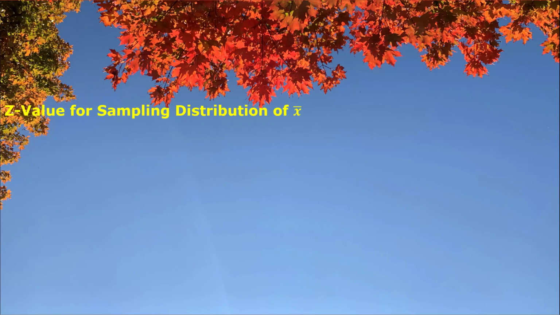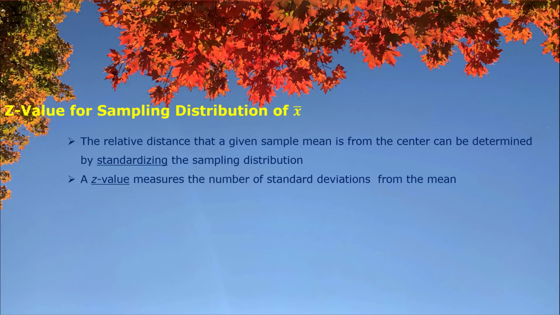The z-value for the sampling distribution of the sample mean is usually used to describe an event related to the sample mean, to find the corresponding probabilities. The relative distance that a given sample mean is from the center can be determined by standardizing the sampling distribution. A z-value measures the number of standard deviations from the mean.